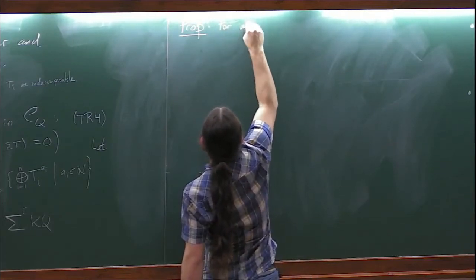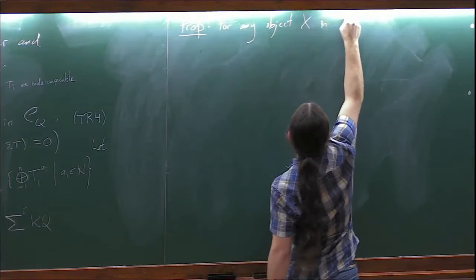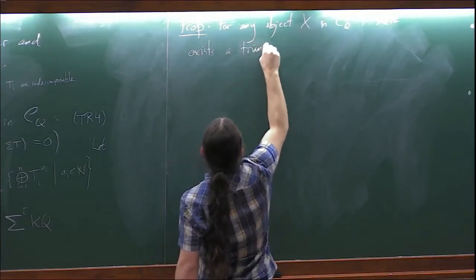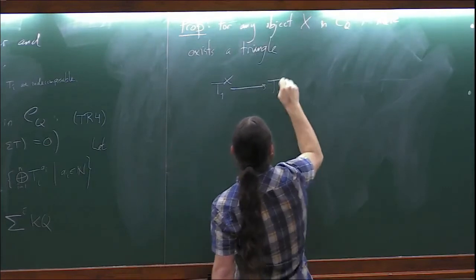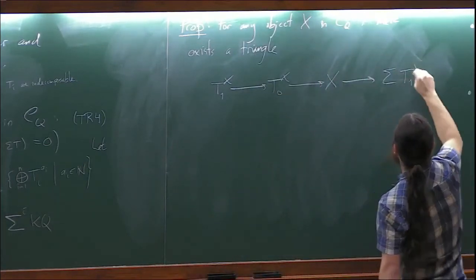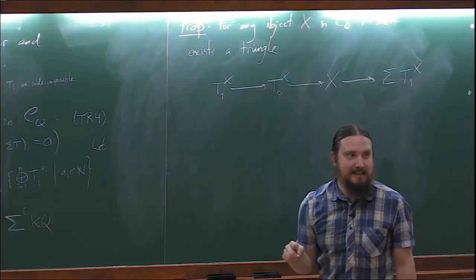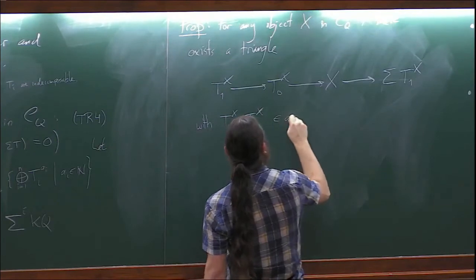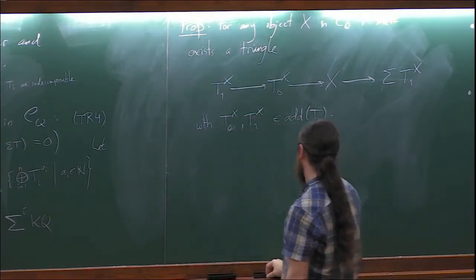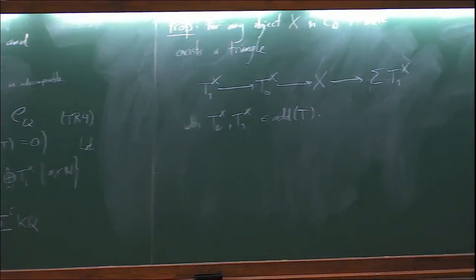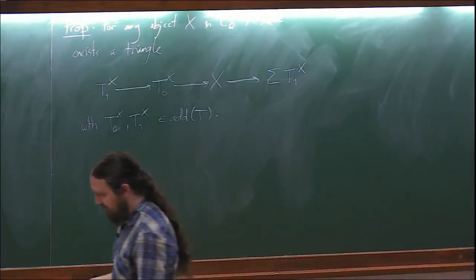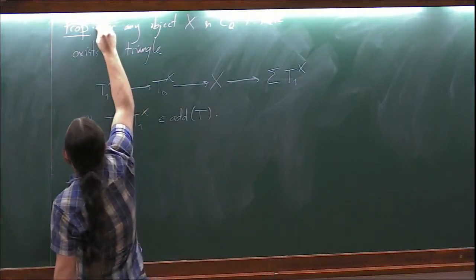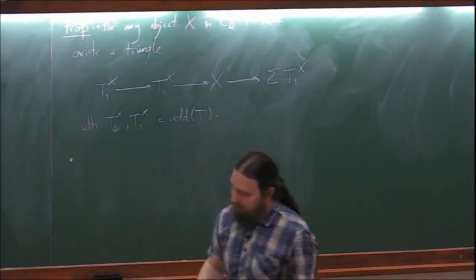For any object X in C_Q, there exists a triangle, say T1 of X goes to T0 of X goes to X, goes to the suspension of T1 of X, where T0 and T1 are in add T.